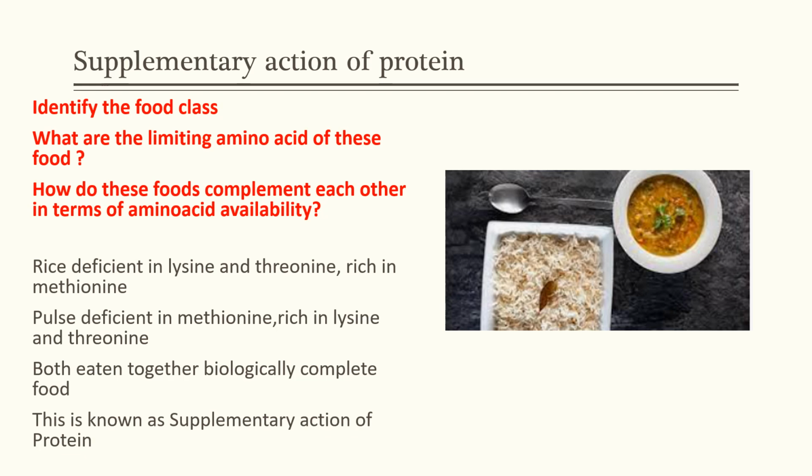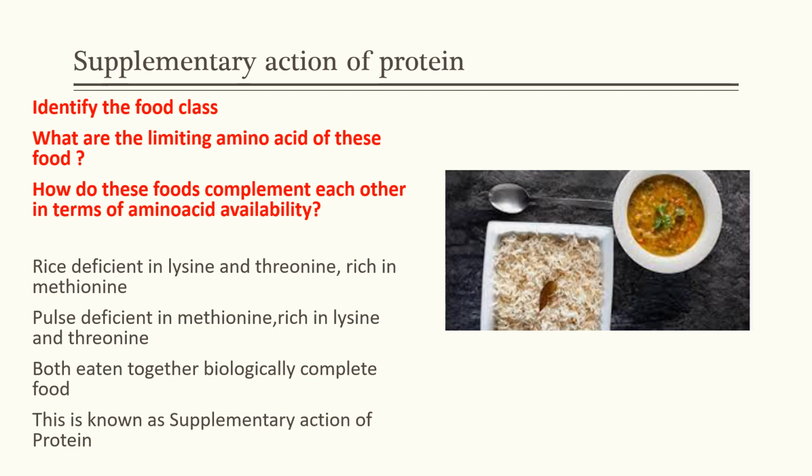The question will read, identify the food class. What are the limiting amino acids of these foods, and how do these foods complement each other in terms of amino acid availability. These are the cereals and the legumes.